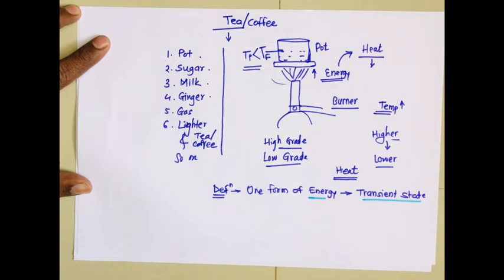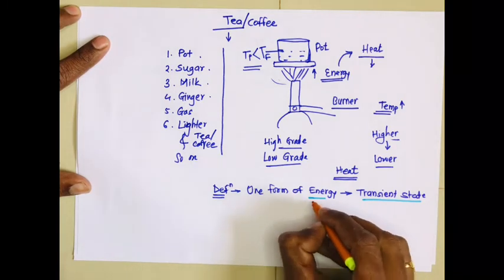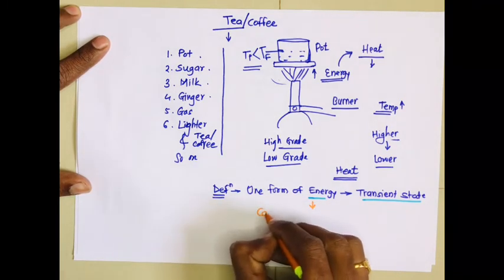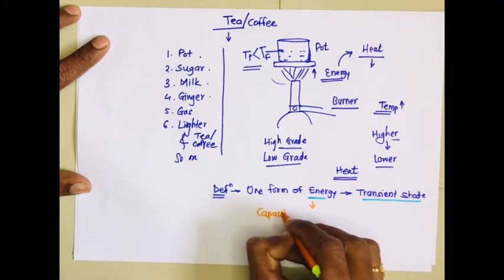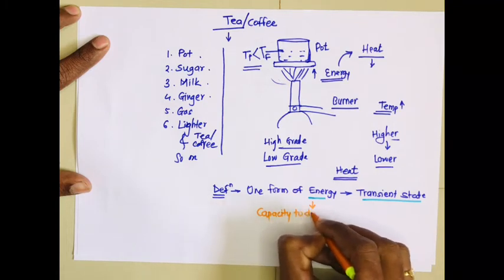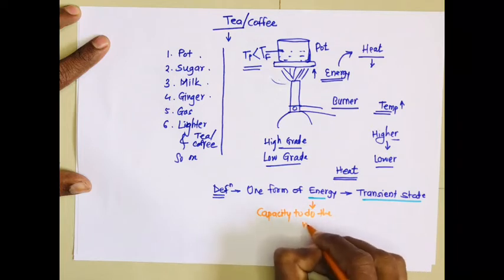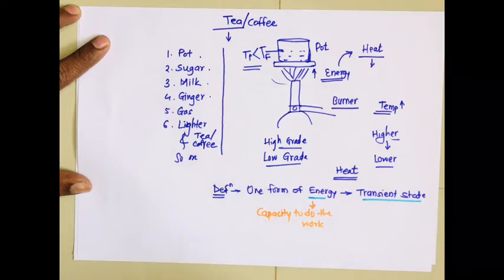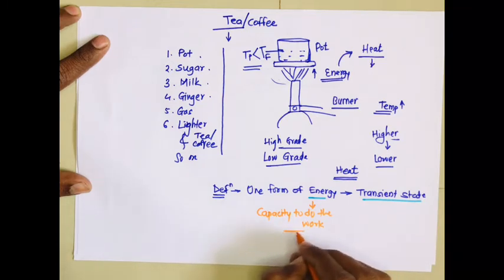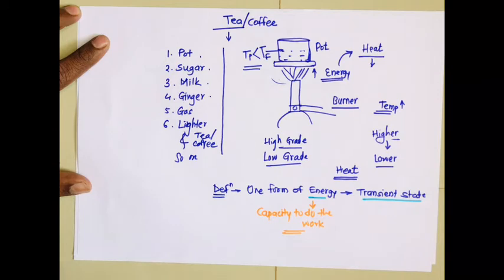Let us understand those meanings. Energy is nothing but the capacity to do work. How much is the capacity of that device or that energy to do the work? That is nothing but the energy.